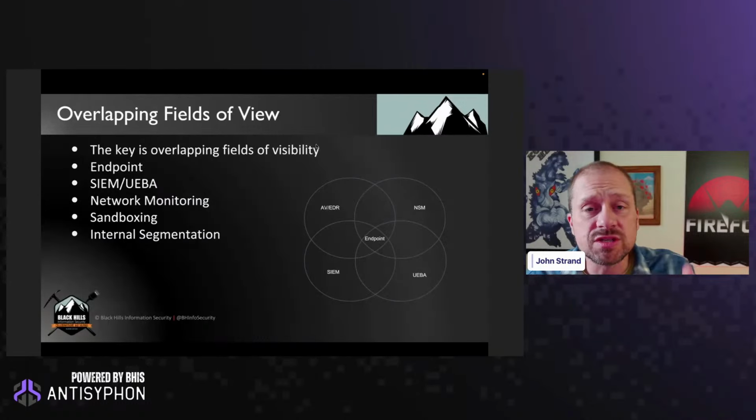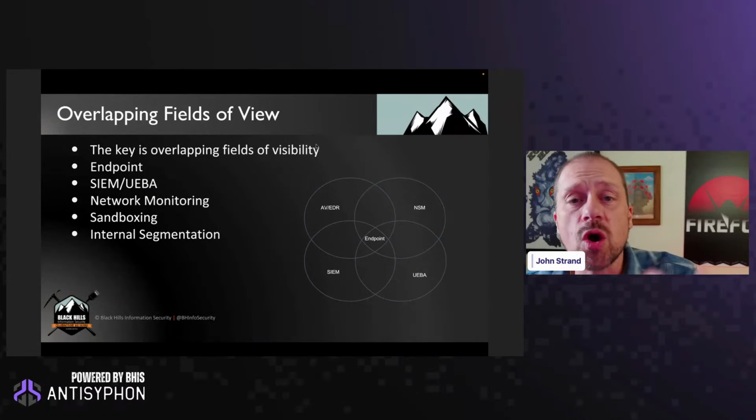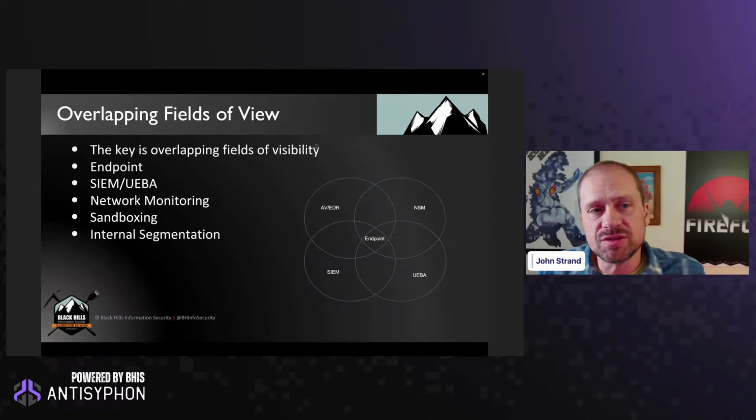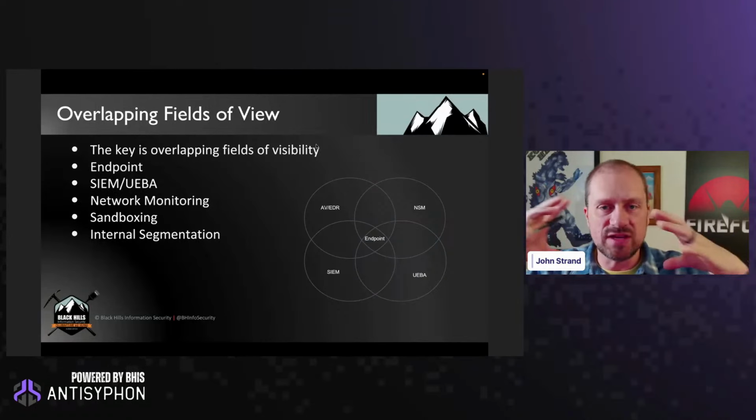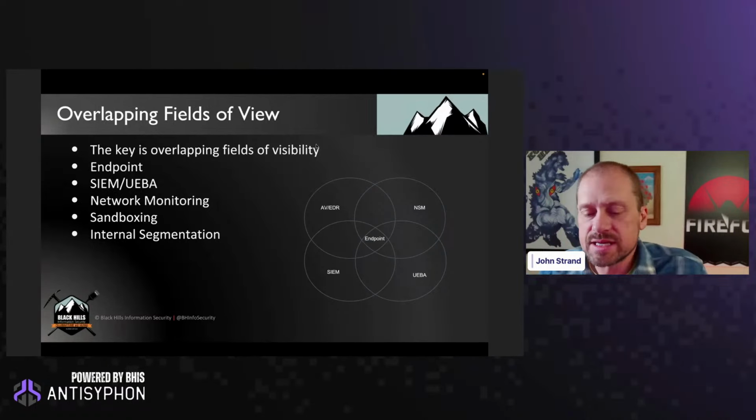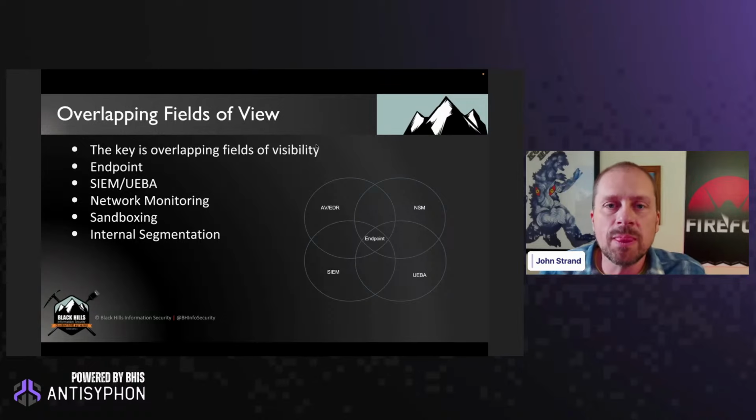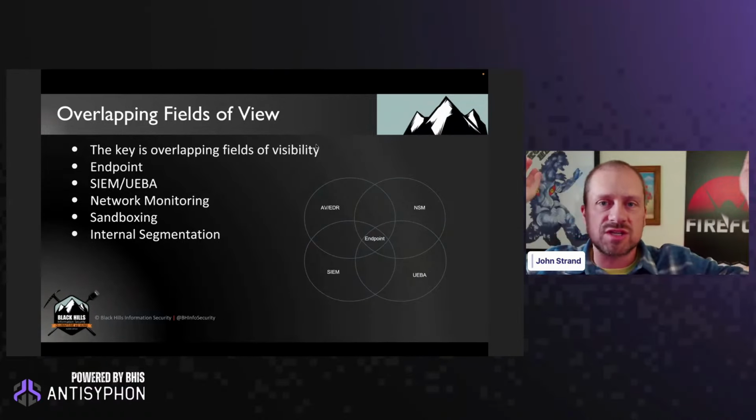All right, so this is what I've been talking about: overlapping fields of visibility. Whenever you look at a Venn diagram in mathematics, anytime there is overlap on any of these different points, whether it's AV, EDR, network security monitoring, or a SIEM, it's a multiplicative effect. If you have two separate circles, it's just additive.